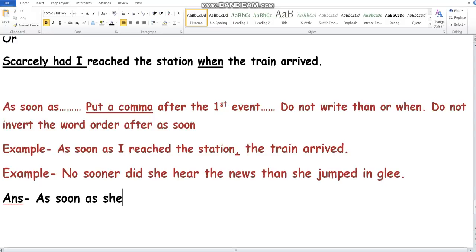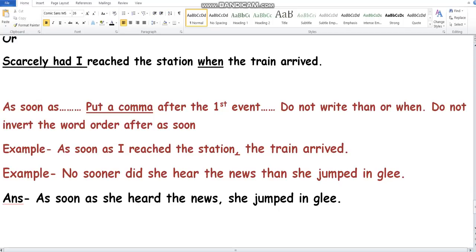As soon as she heard the news. Now the first part of the sentence has been written. The first thing has been mentioned, so we immediately put a comma after this. As soon as she heard the news, comma. What followed? She jumped in glee. Now this is when you begin the sentence with as soon as.